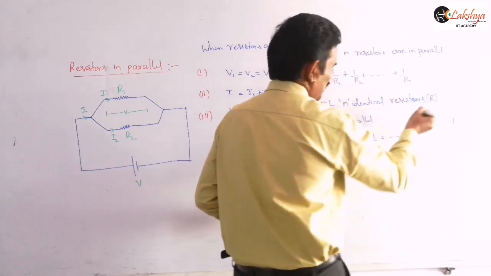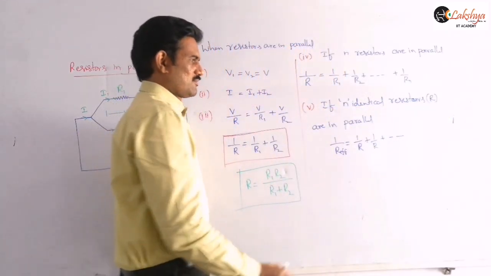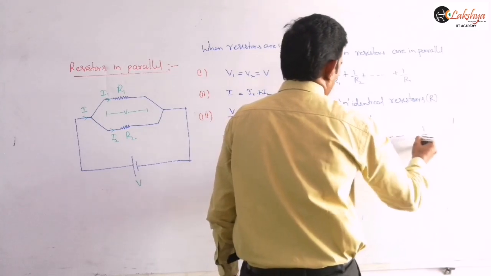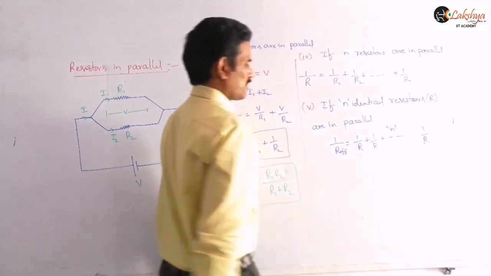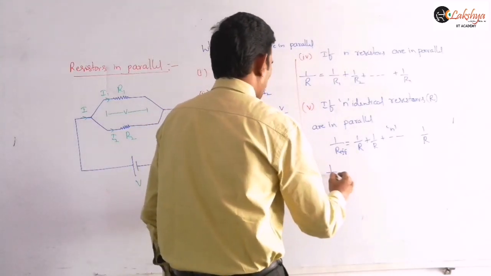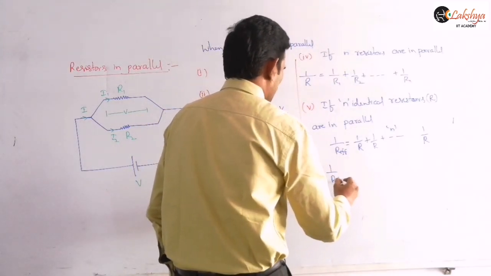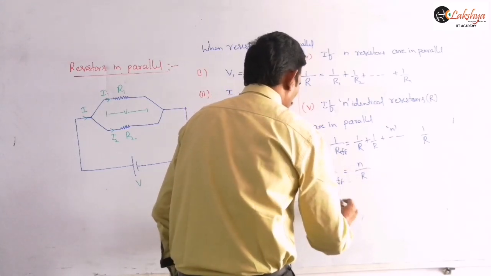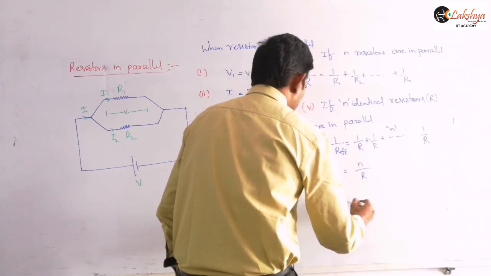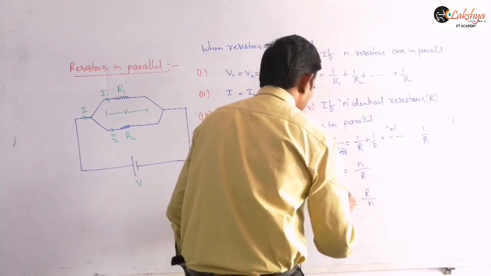This R we are taking as the value of each resistance. So we can write it as 1 by R, and these are n terms here, and therefore this 1 by R effective value I can write as n by R, and therefore this R effective I can express as R by n.